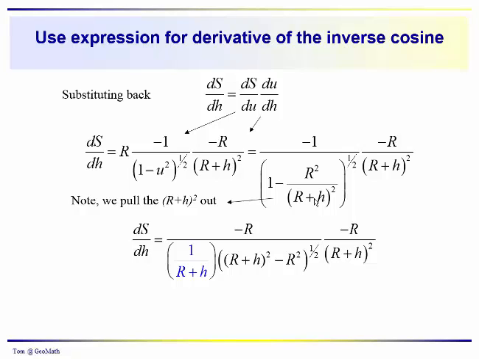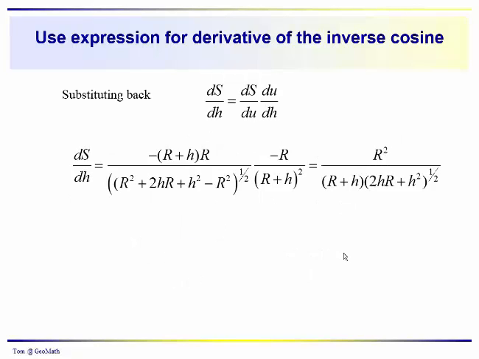We pulled out our r plus h, so we have 1 over r plus h, but we have an r plus h up here in the numerator. We just replaced 1 by (r plus h) squared over (r plus h) squared. We pulled out an (r plus h) squared, which was to the 1/2 power, so we get 1 over r plus h. And this is all times minus r over (r plus h) quantity squared.